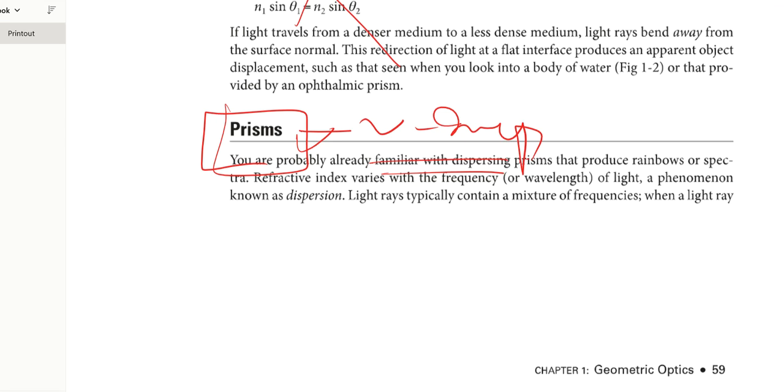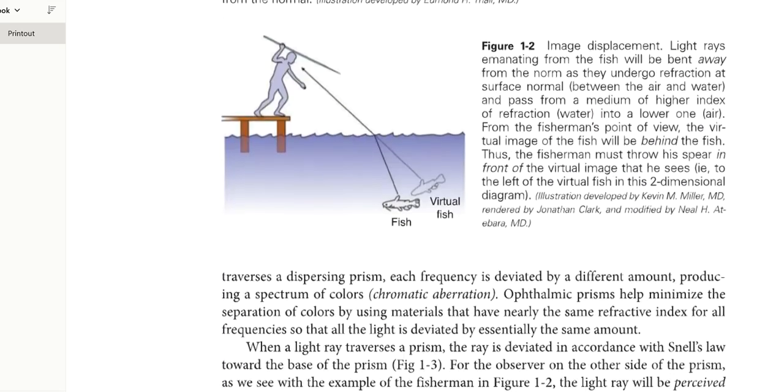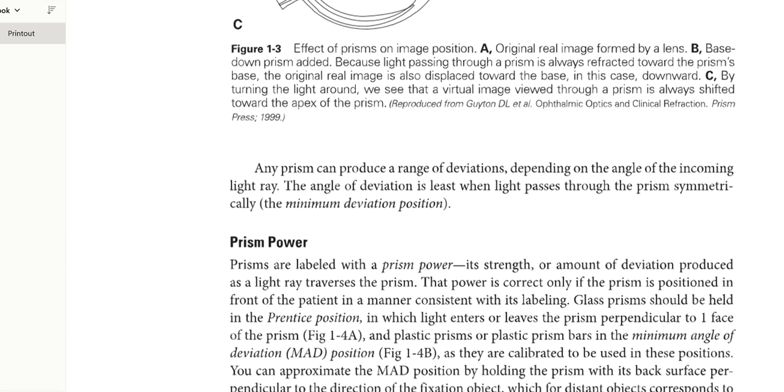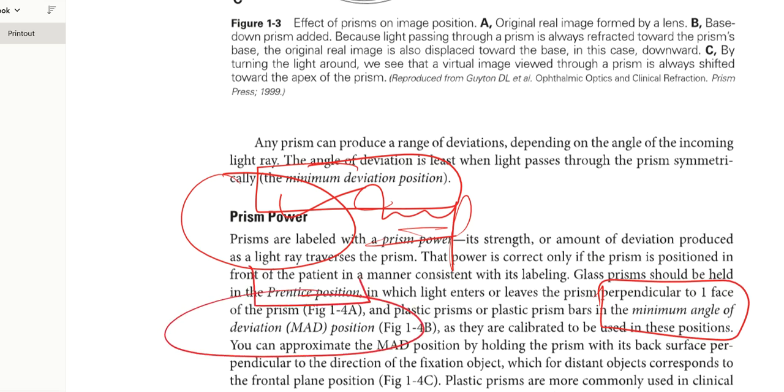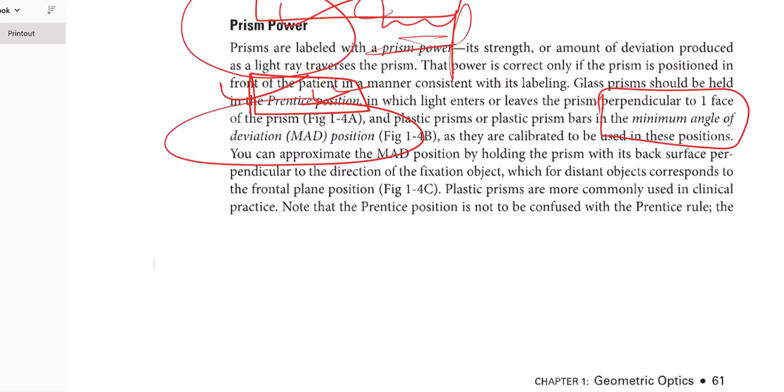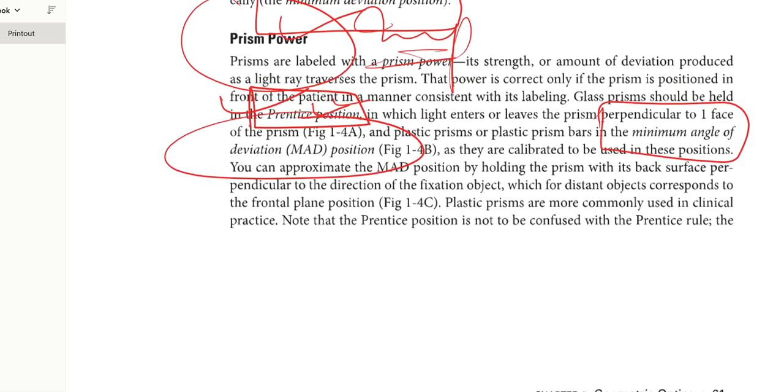There will be questions about the prism power, etc. Minimum deviation position, minimum angle of deviation, all these, precise position I have already mentioned in the glossary, all these very important. In the exam there will be questions about prism power, deviation.